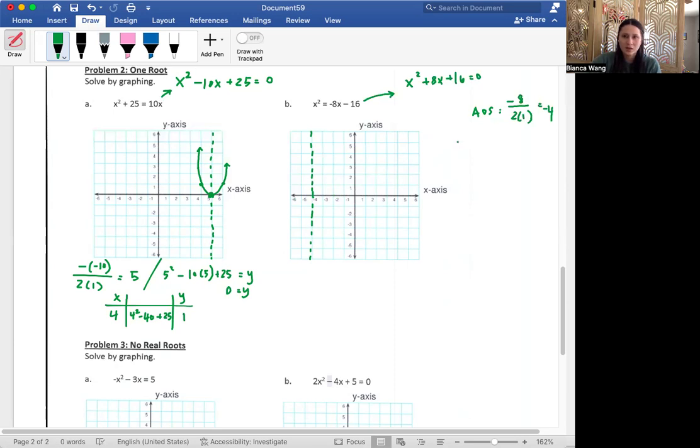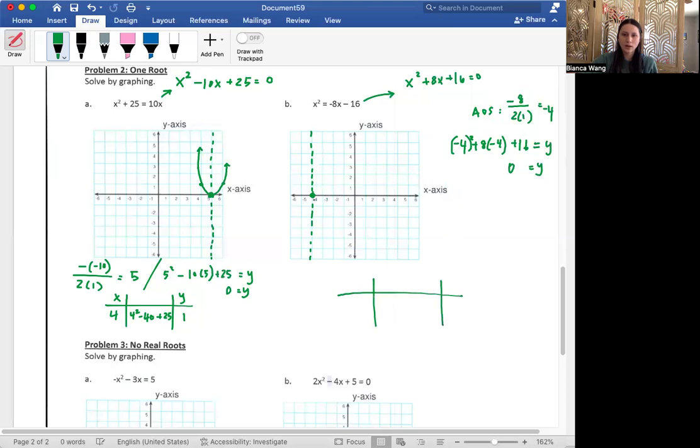So -4 squared plus 8 times -4 plus 16 equals y. -4 squared is 16. 16 plus -24, I think, or 8, no, 32. 8 times -4 is -32. -32 plus 16, that will cancel out. It will be 0. So again, this is where my vertex is. And then let's just pick 2 more points.